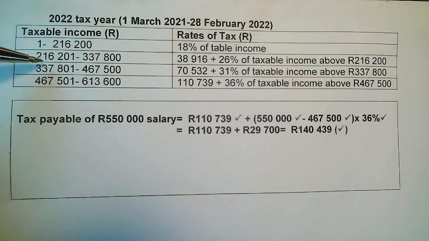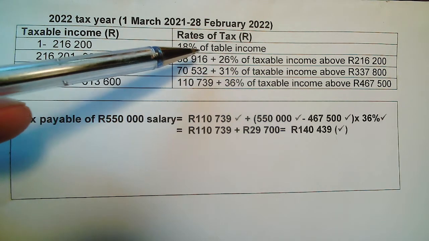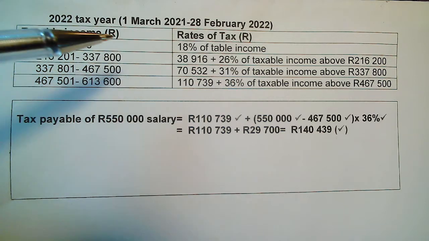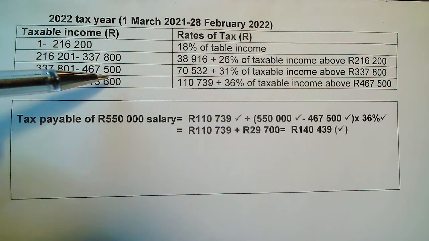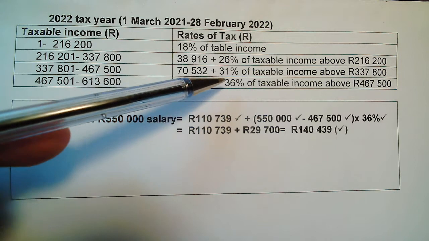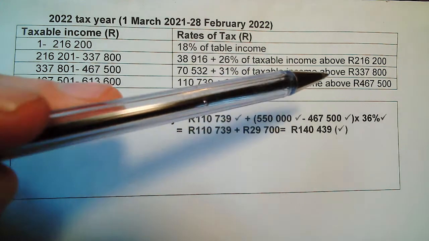Now, if I earn more, you can see that the tax rate goes up from 18 to 26 if you fall within that bracket. If I fall within the next bracket between 337,801 and 467,500, I pay a certain amount of money plus a certain percentage above that amount.